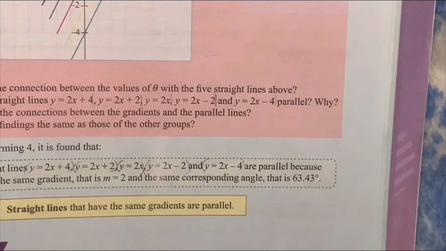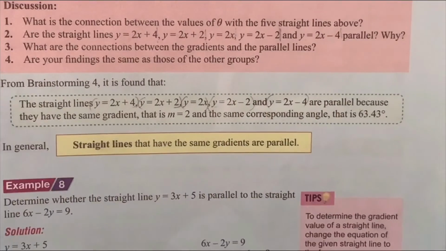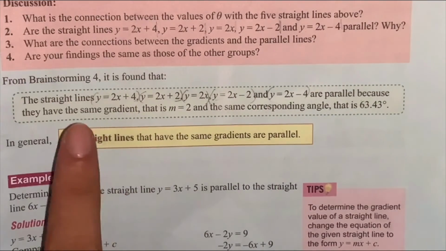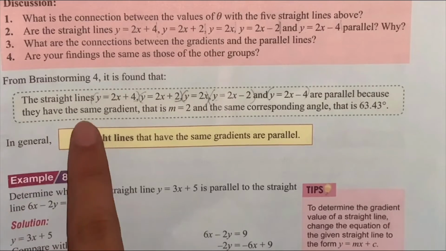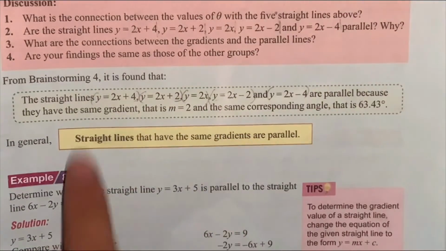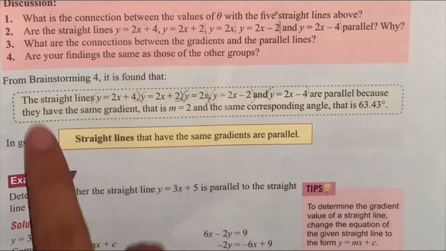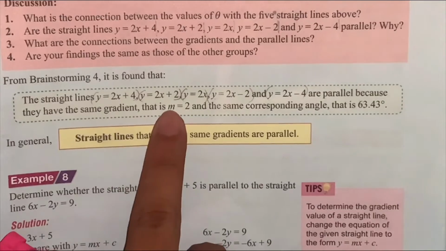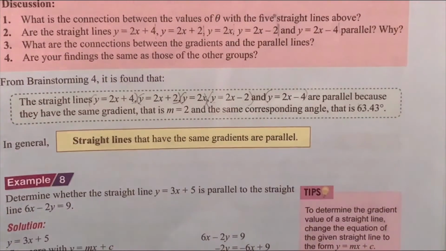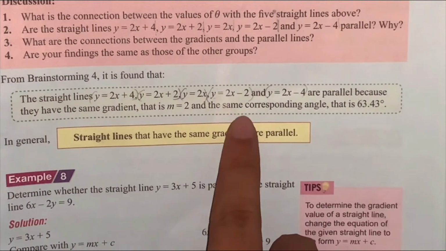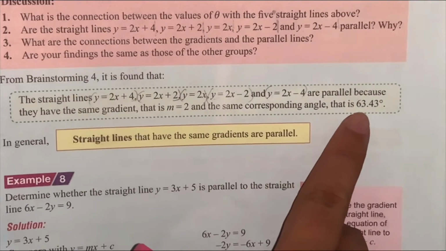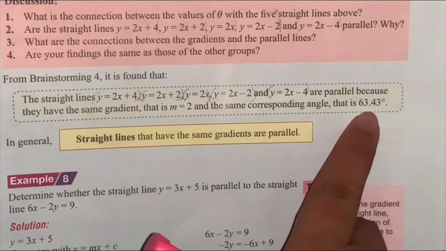Conversely, if two lines have the same gradient, then they are parallel. From brainstorming 4, it is found that the straight lines are parallel because they have the same gradient, that is m equals 2. So it is the same as our answer earlier. And the same corresponding angles, that is 63.43 degrees, which we got in number 2 earlier.